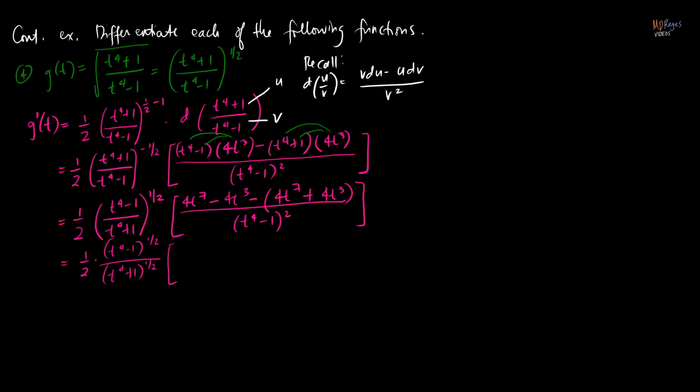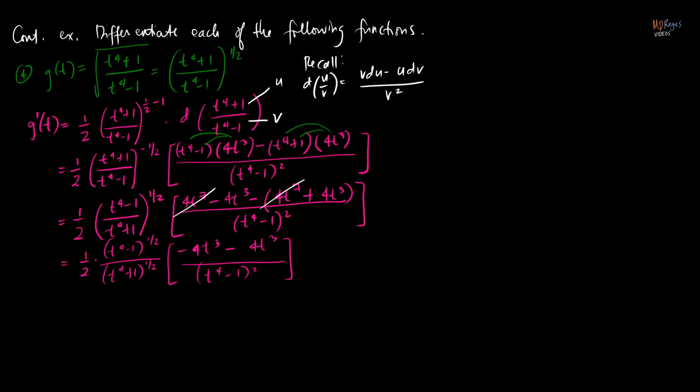Combining like terms in the next grouping symbol, 4t to the seventh minus 4t to the seventh is 0. So what remains there is negative 4t cubed minus 4t cubed, over t to the fourth minus 1 squared.